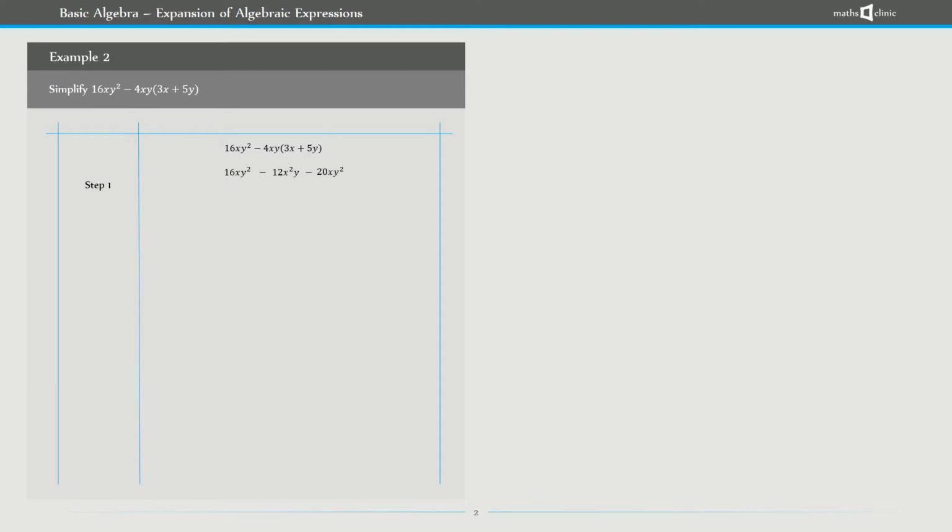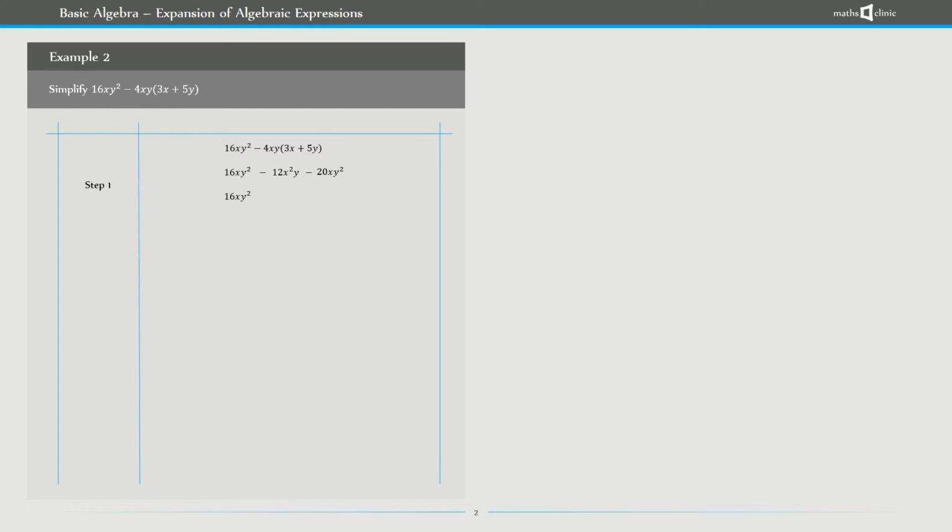At this point, what can we do? Yes, we do have like terms here. We have terms with variables that are exactly alike because we have 16xy squared and we have minus 20xy squared.